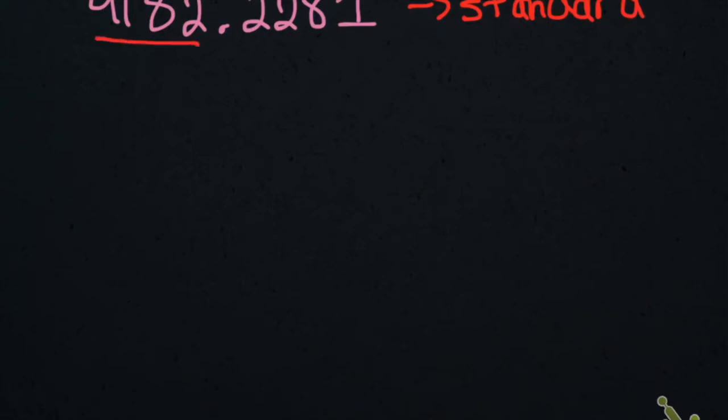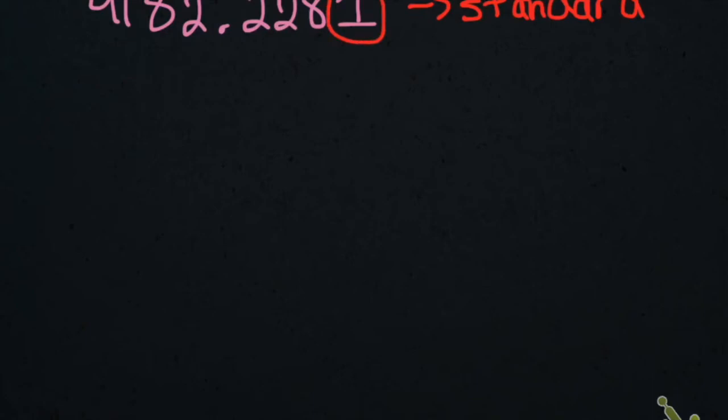This number here is easy to say, 9,182. It's this number here after the decimal that people get a little bit confused of. So my trick, which I'm going to tell you right now, is you're going to say this number 2,281.